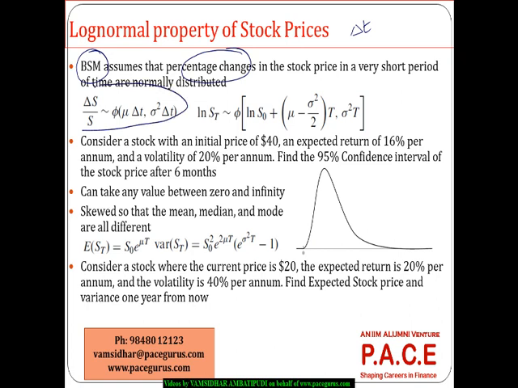Delta S by S, which is the percentage change in the stock price, is normally distributed with mean mu times delta t and variance sigma squared times delta t.